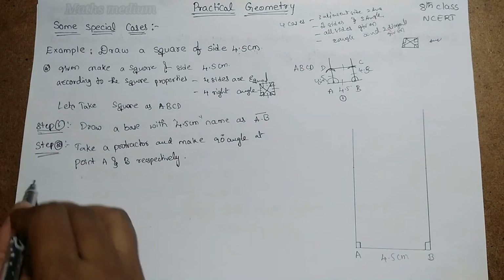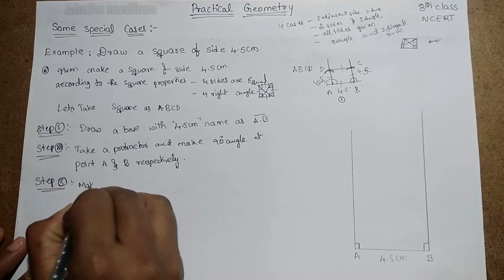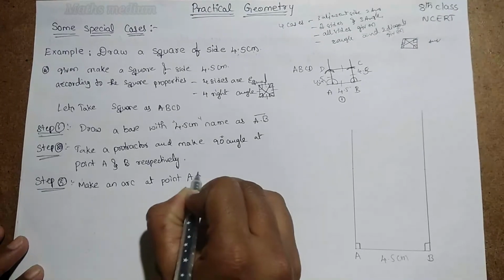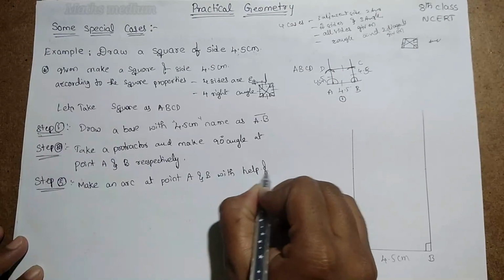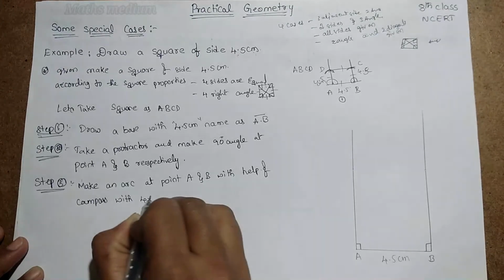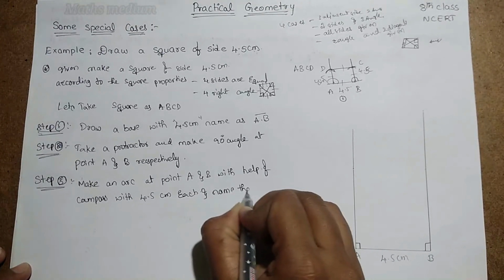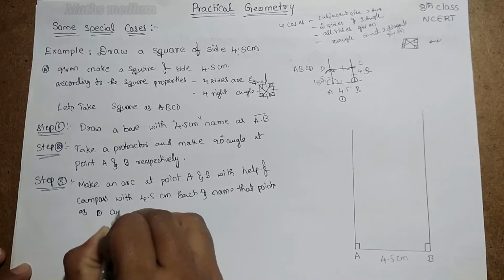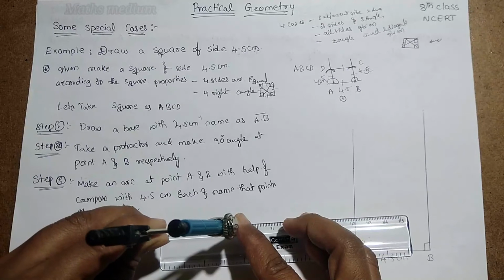Next, coming to step 3. Make an arc at points A and B with the help of a compass with 4.5 centimeters each, and name those points D and C. Take a compass, measure 4.5 centimeters with the compass.